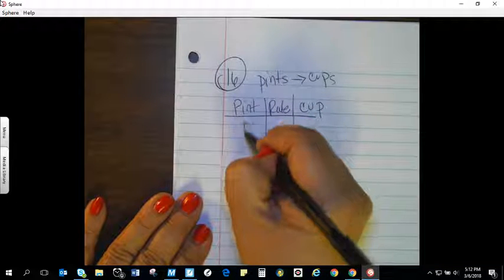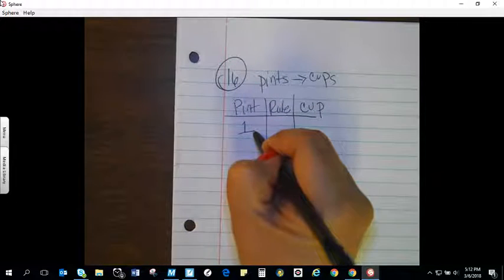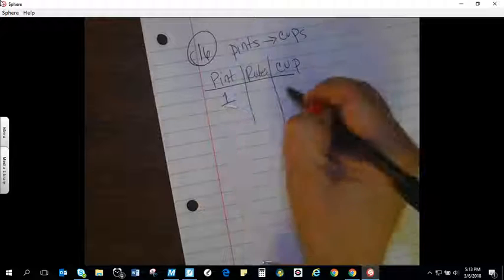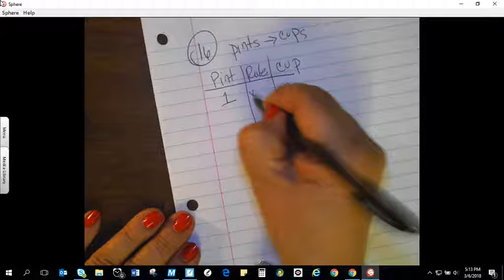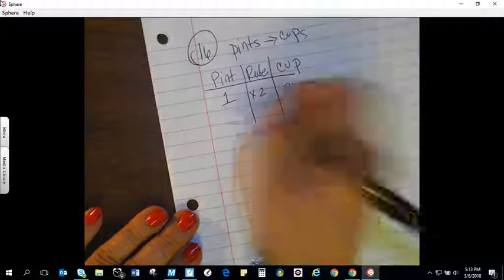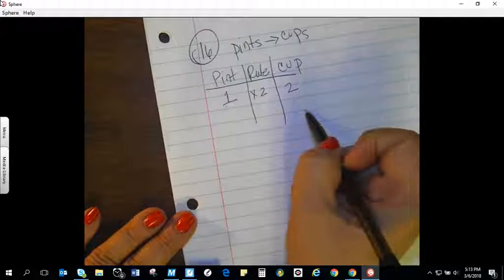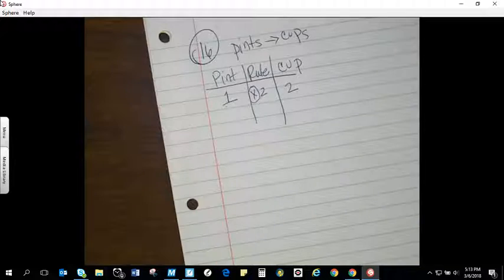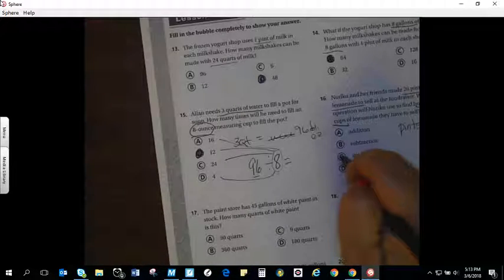I know that for every 1 pint, this is what I saw in my conversion chart, it's 2 cups. So I need to multiply that by 2. Okay, so what is the operation I have to do? Absolutely right. The operation is multiplication. Okay?